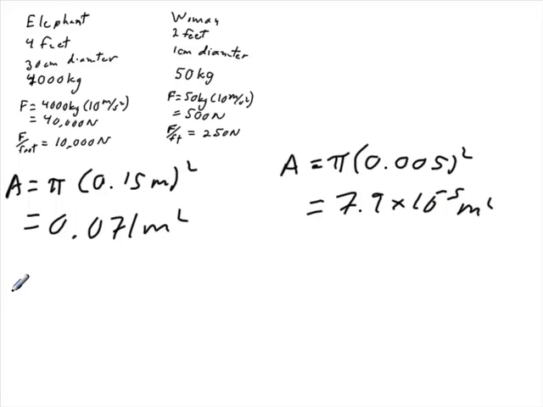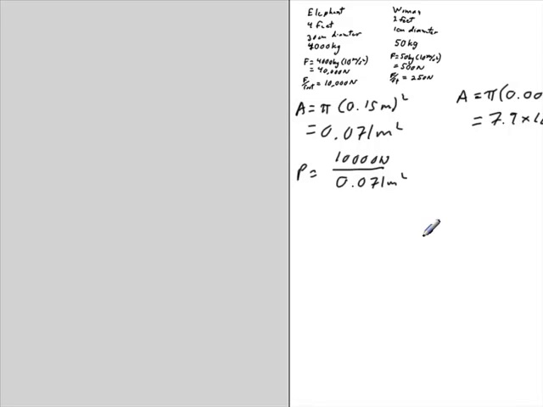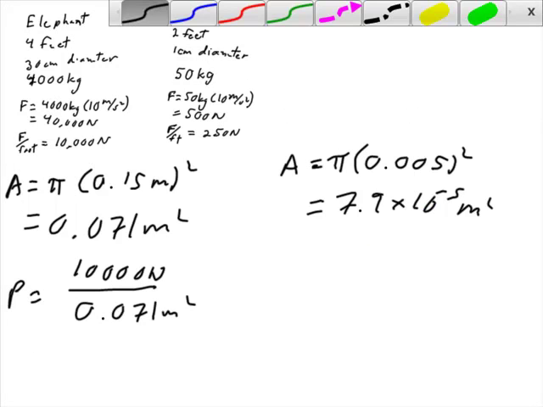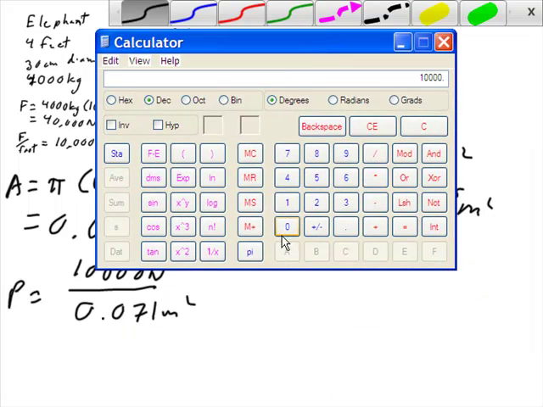Much less. So if we consider the pressure, I've got 10,000 newtons divided by 0.071 meters squared for the elephant, which will be 1.4 times 10 to the 5, a little more than 1 atmosphere of pressure.